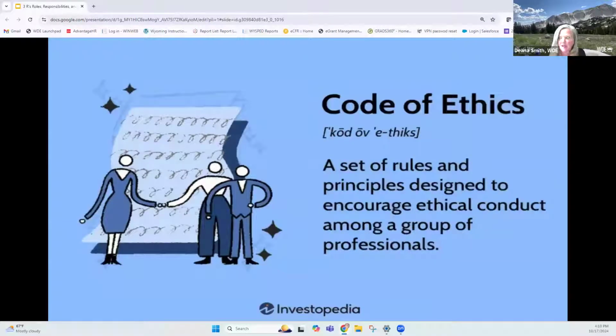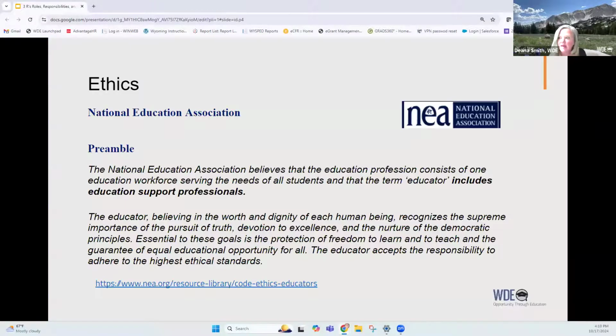So code of ethics, what is it? It's a set of rules and principles designed to encourage ethical conduct among a group of professionals. So what does that even mean, right? Here you're going to see, sorry, I'm looking different places because some of these screens are so small, I have to look elsewhere to find what you're seeing.